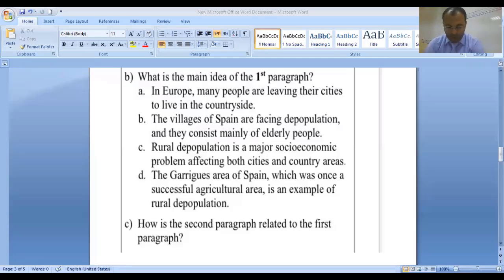One example of this phenomenon is the Garrigos area of Spain, about 1 hour's drive from Barcelona. The area has a Mediterranean climate, but because it's at high altitude and not close to the sea, winter temperatures are quite low.